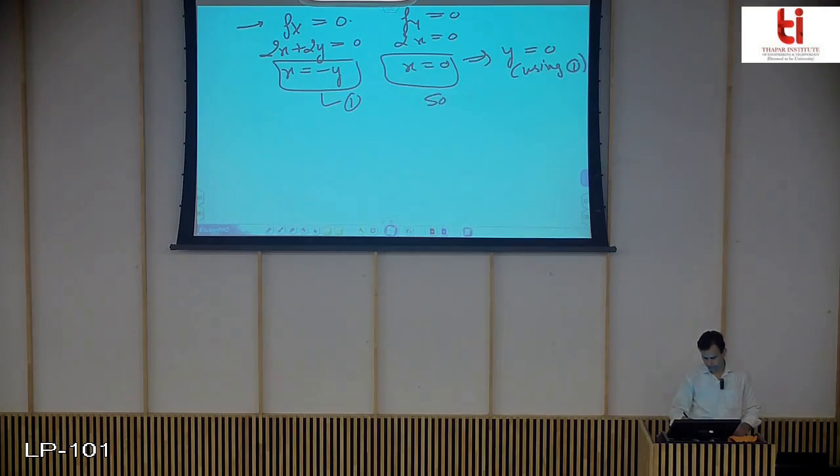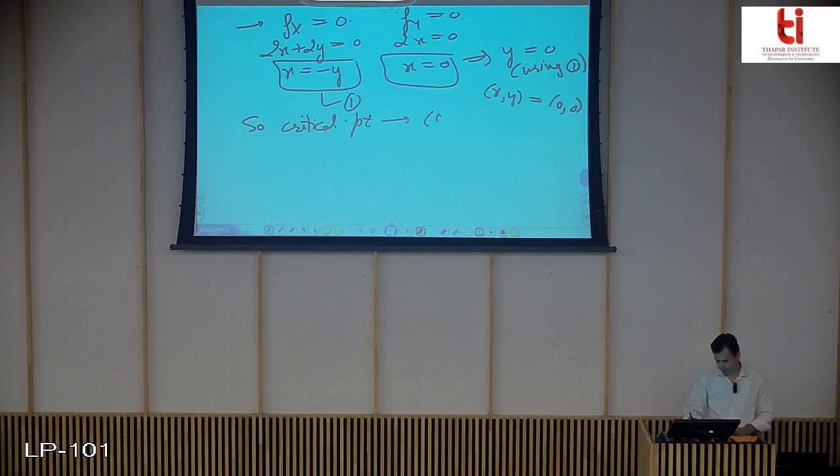So the point is (x,y) equals (0,0). The critical point that we have found is (0,0). This is the point where the function can have a maximum or minimum. We are not sure, but still it is a point where we may look for the extreme value.